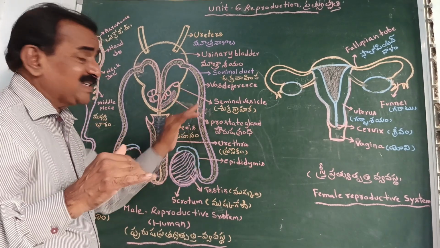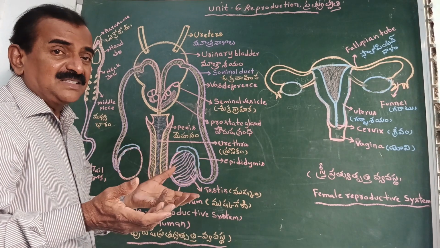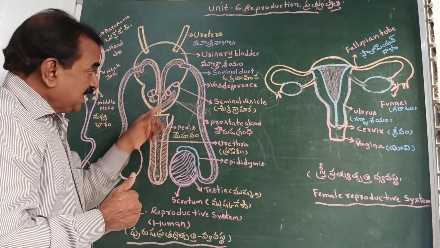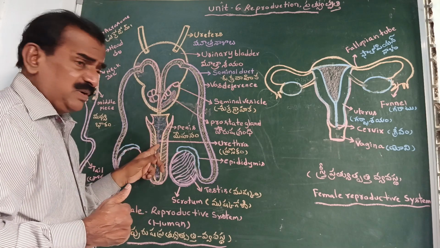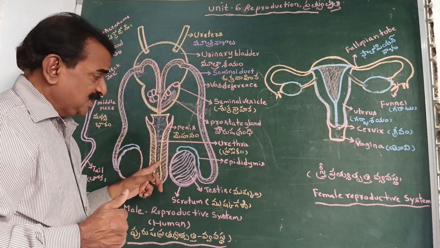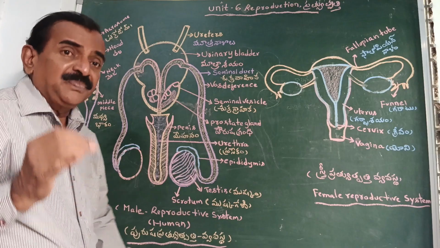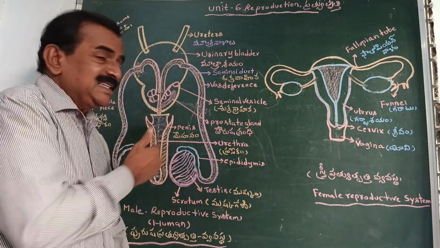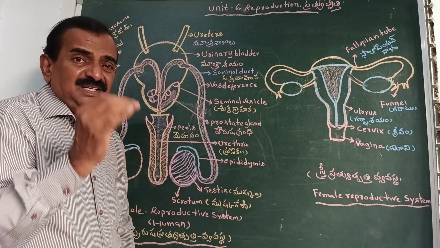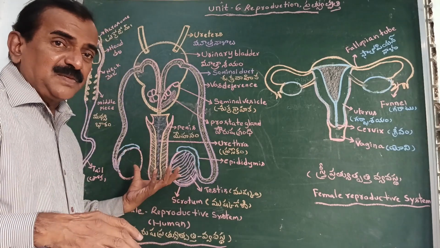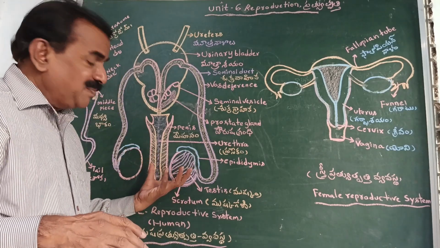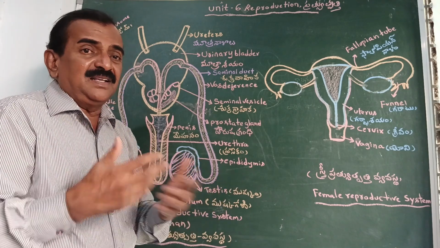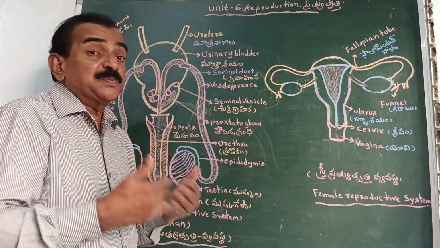The vasa deferentia open into the urethra, which is useful to pass urine as well as sperm, so it is called the urinogenital duct. In males, the testes are present outside the abdomen, maintaining a temperature 2 to 2.5 degrees centigrade lower, which is useful for producing sperm.